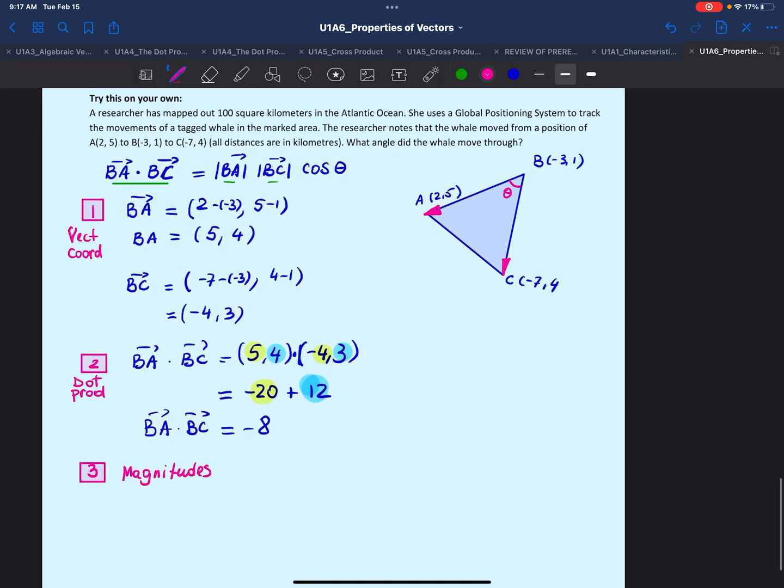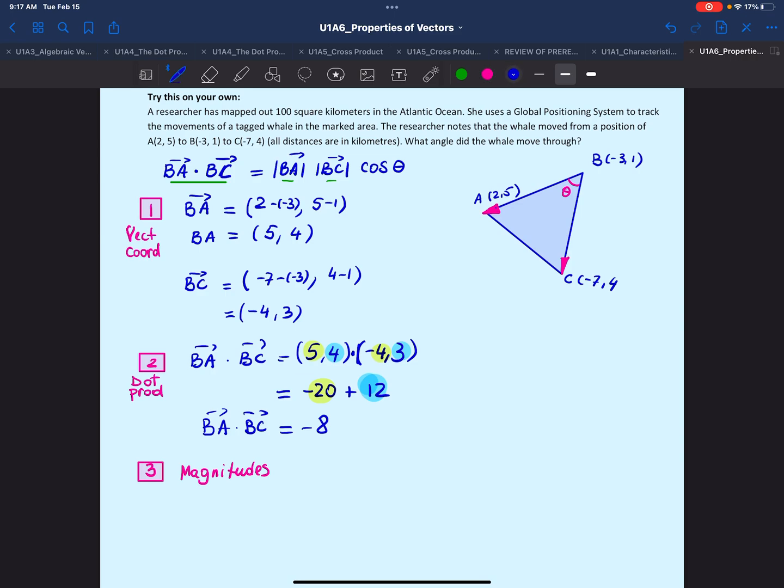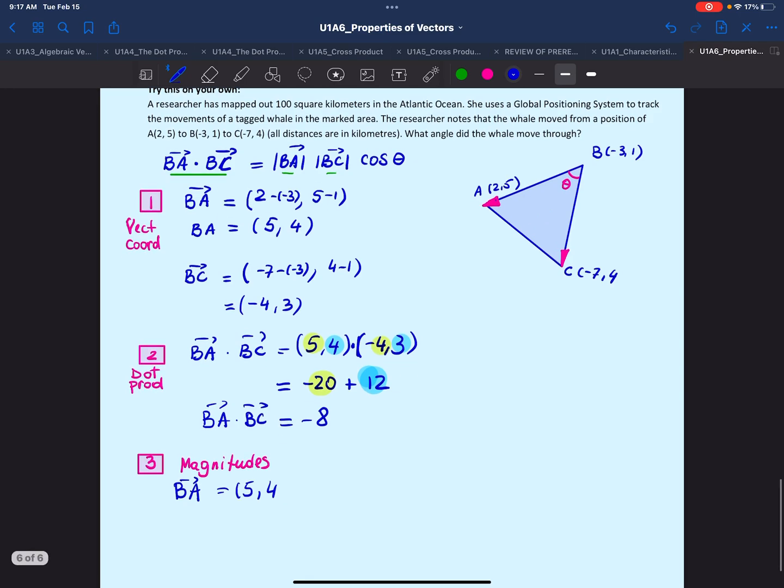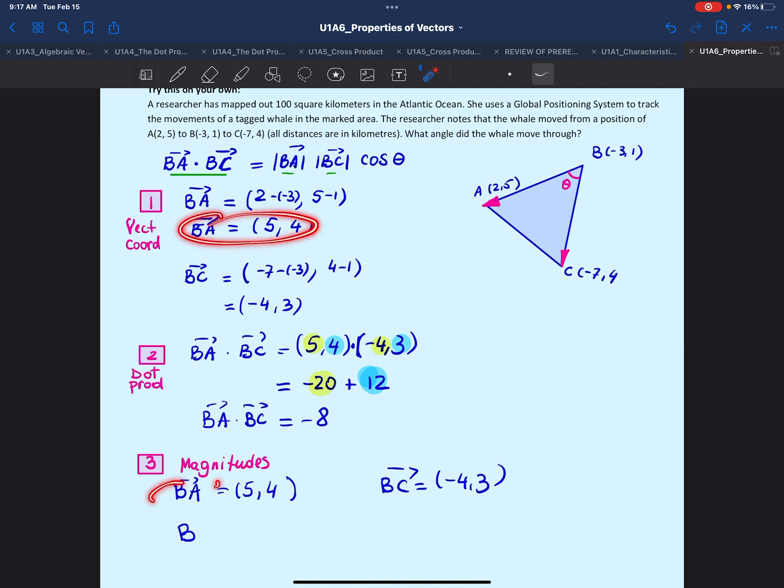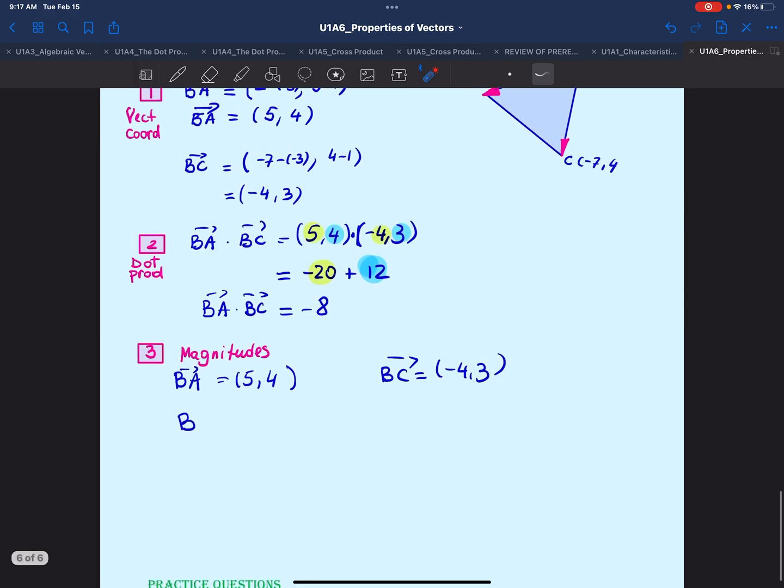And for magnitudes, obviously, we'll refer to the coordinates of each vector. We have vector BA with coordinates 5 and 4. Forgot the vector symbol here. And vector BC, I'll write it here, with coordinates negative 4 and 3. So BA is 5, 4, and BC is negative 4, 3. That's where we get the numbers from.